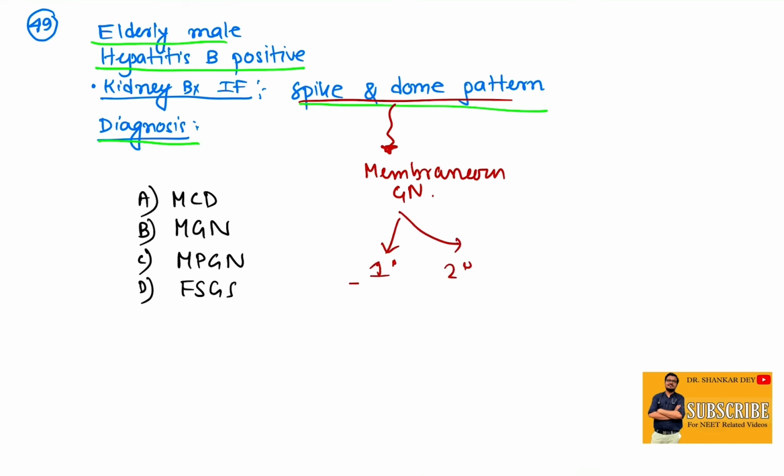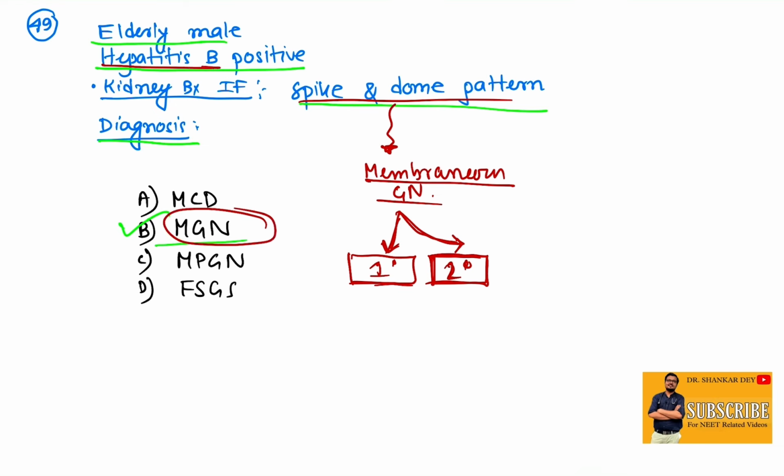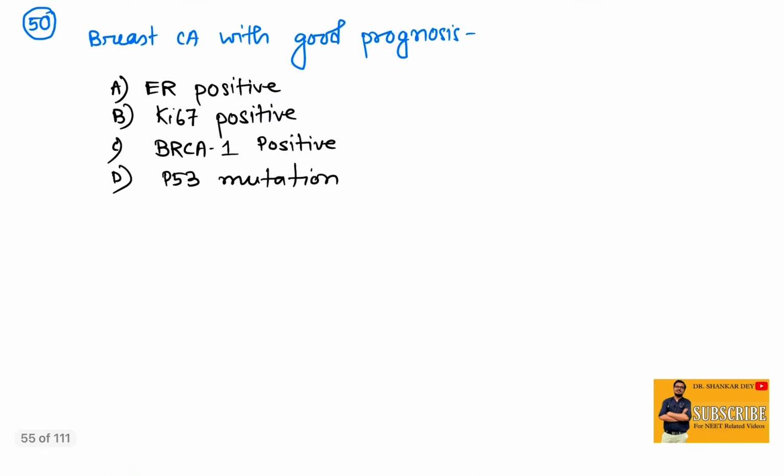Primary is caused because of some antibody like anti-phospholipase A2 receptor, or secondary is associated with some infection like malaria, then hepatitis B, hepatitis C, or any kind of malignancy, lymphoma, or some drugs like gold, etc. So this is typical case of membranous glomerulonephritis, where spike and dome pattern is seen in kidney biopsy, and hepatitis B causes secondary MGN. So membranous glomerulonephritis is the answer.